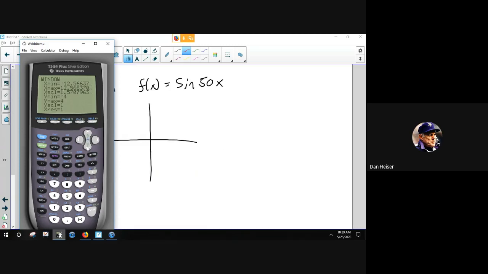I'll leave my scale there. Let's close it up a little bit. Let's not go so high on the y-axis. Let's do that and see what happens.